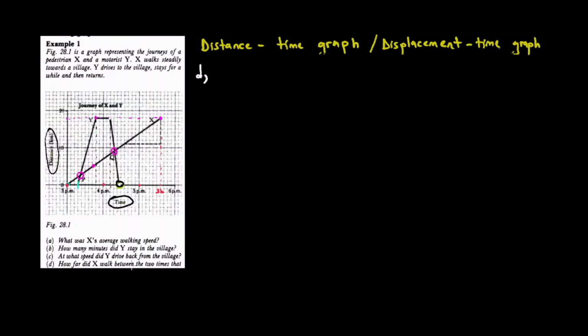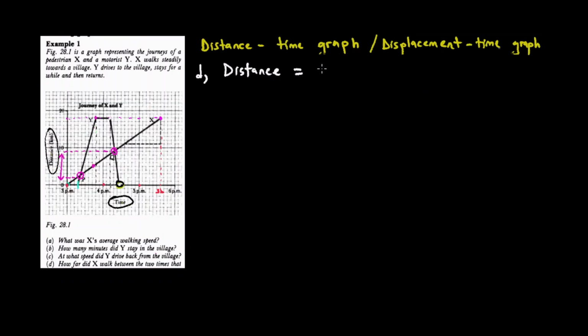So how far did X walk between the two times that Y passed him? It means we only want the distance from this point to that point. We are taking this one and then this one, so we only want this distance. At this point, the distance is equal to that at point E. We have 10 small squares between 0 and 10, so each square represents 1 kilometer.